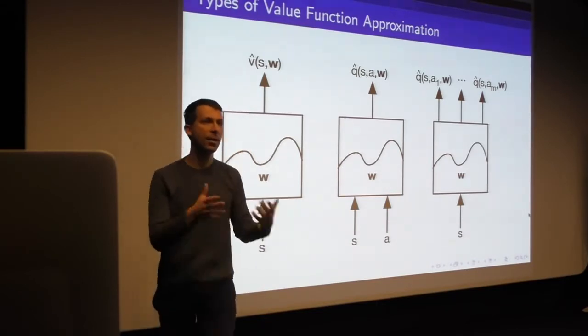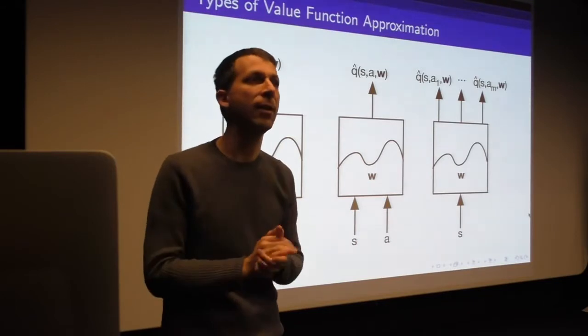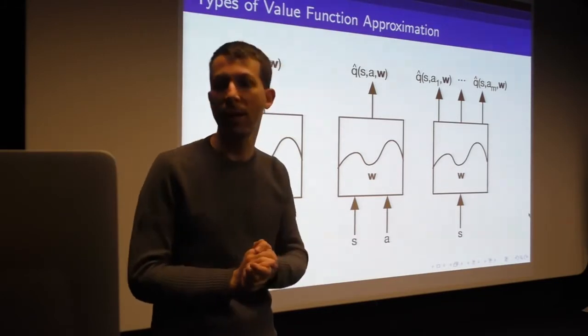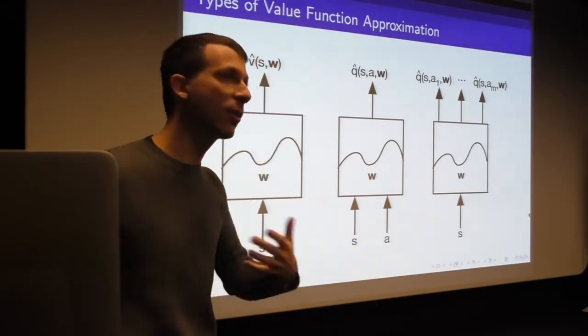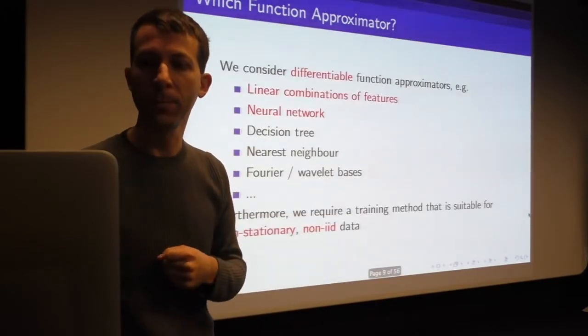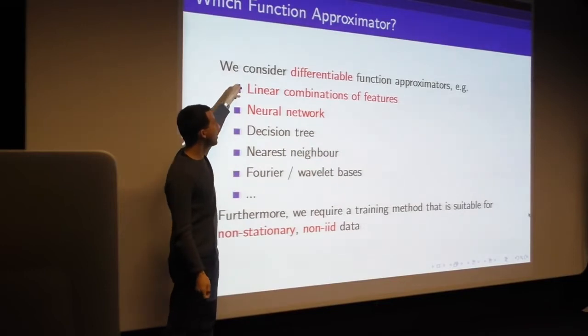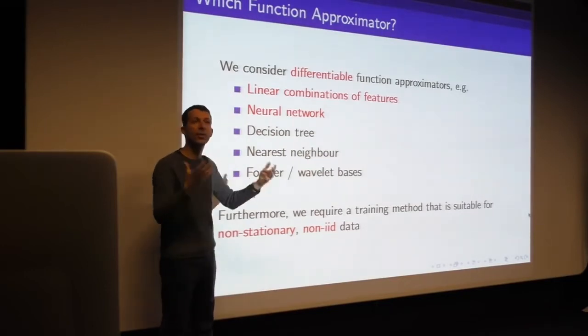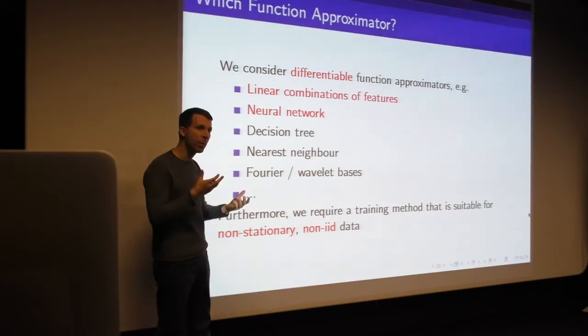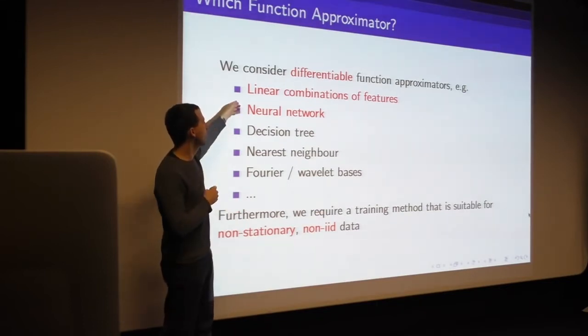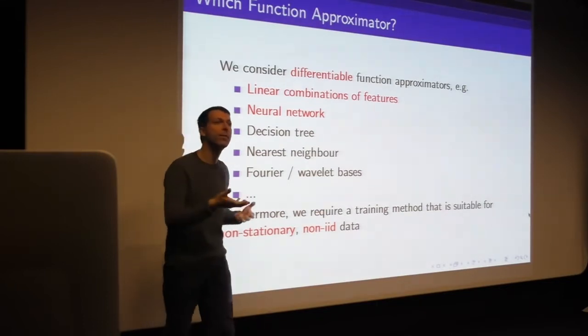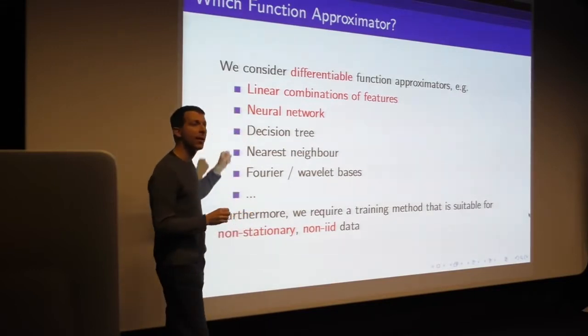If we know that gradient, there's a set of tools that we can bring to bear which allow us to do a certain class of algorithms that can be quite efficient, incremental, and have nice properties. So for example, we're going to focus today on linear combinations of features as the canonical case. We'll see a little bit more what that means, but also allow for nonlinear function approximators like neural networks.